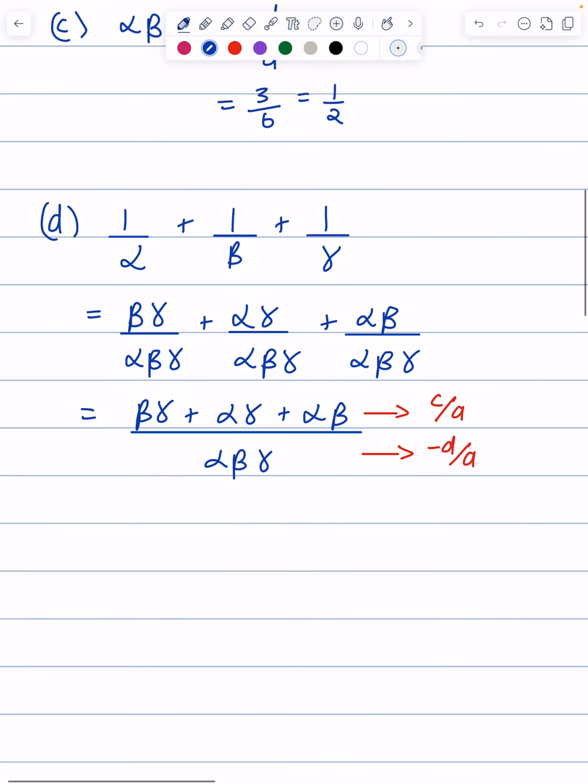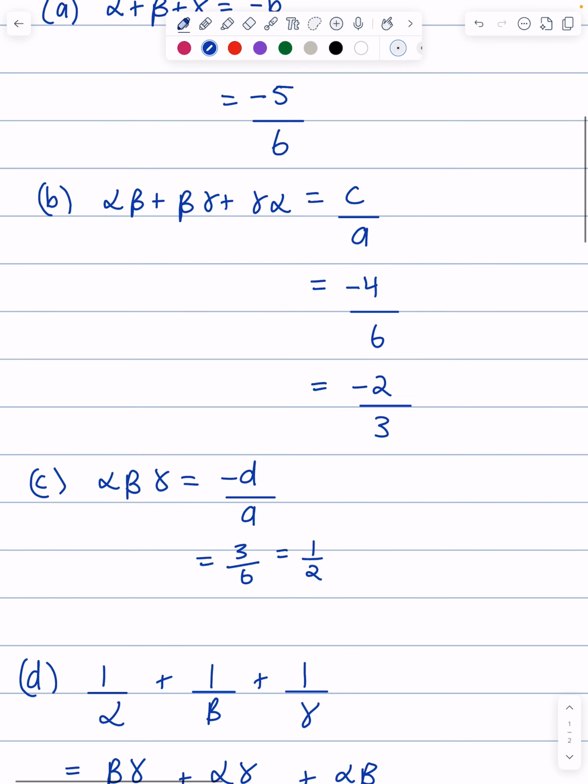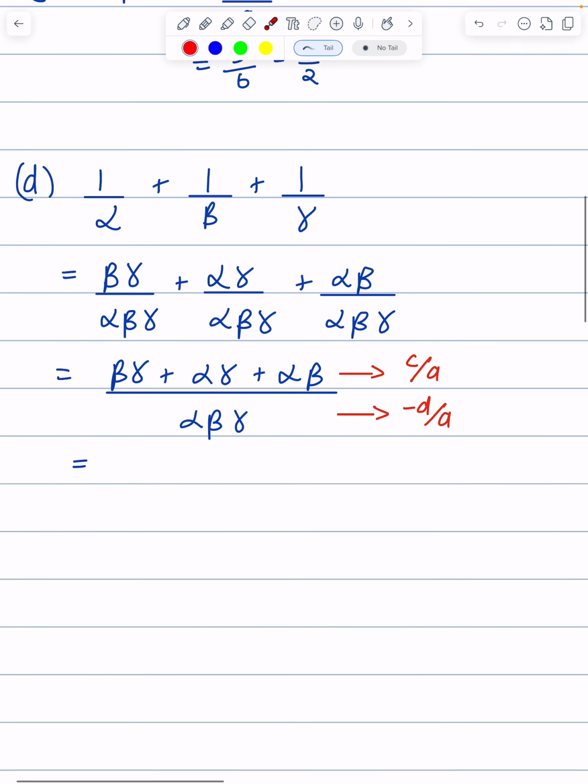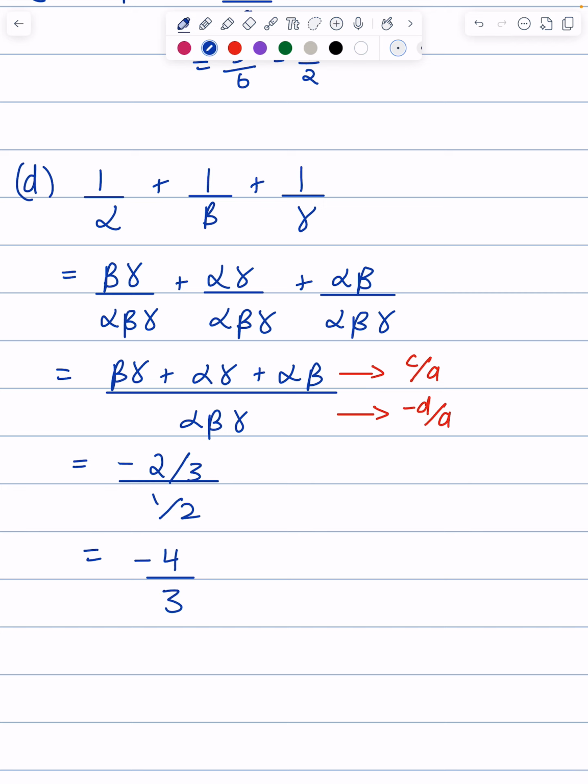So here I have c over a, which, going back to the top, was minus 2 over 3. So I have minus 2 over 3 all over 1/2. I can put that straight into my calculator, and I get an answer of negative 4 over 3.